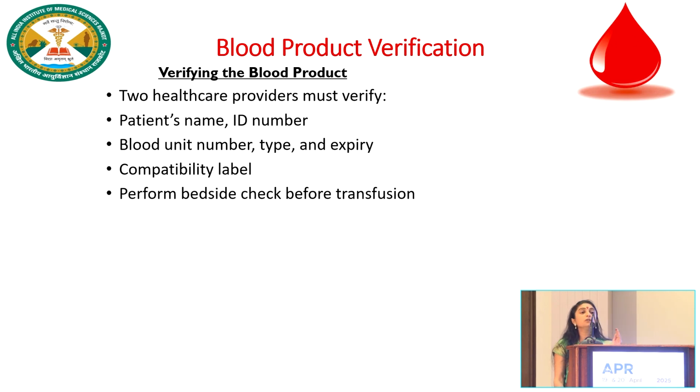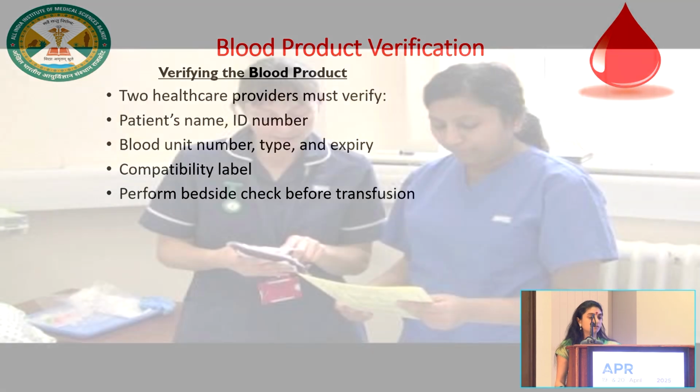So if you are getting a platelet at around 10 a.m. on the day of expiry, that is the 5th day, it means your platelet is expiring at 12 midnight. Even Western studies have shown that platelets remain in good viability even for 7 days if they are stored in good conditions. Compatibility labels have to be checked and blood time checked before the transfusion to avoid any technical errors.